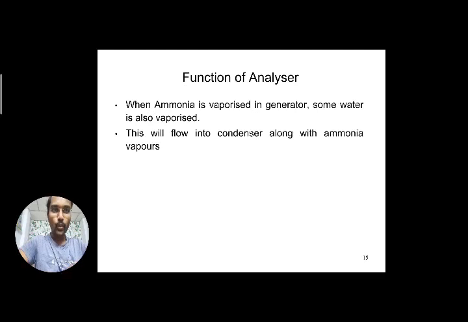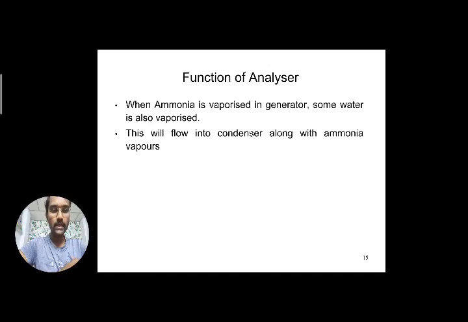What happens when ammonia is vaporized in the generator, some water is also vaporized. As I discussed earlier, a small quantity of water also gets vaporized. So this will flow into the condenser along with the ammonia vapors.